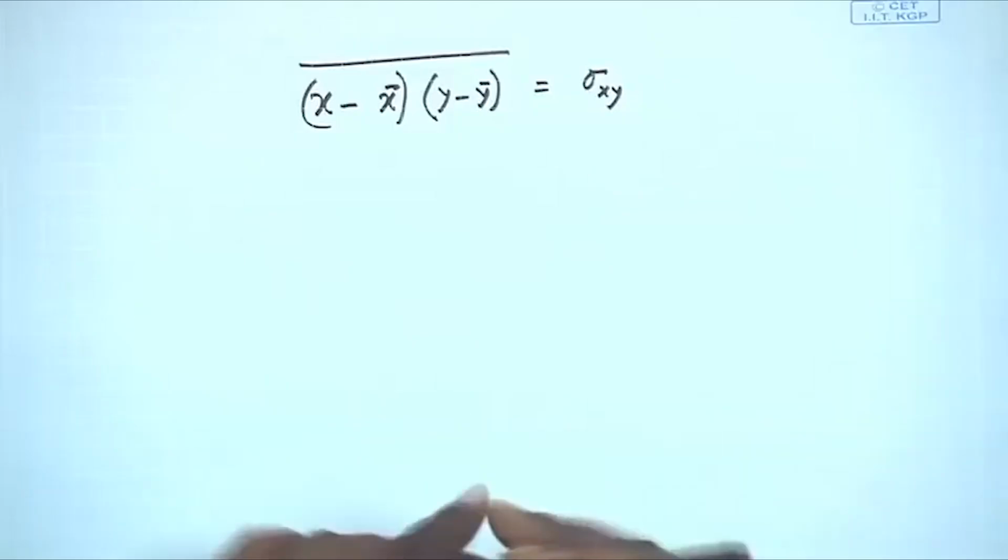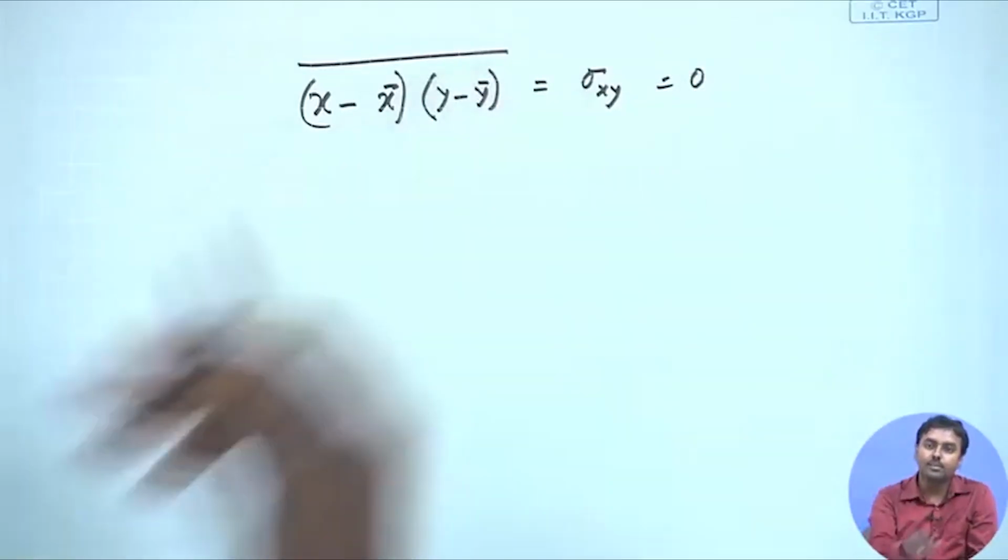Because actually independence means a little bit stronger condition. It is not just that x y bar will be x bar y bar, that is all right, but if that happens immediately sigma x y will be 0. Whereas for independence you need something more, that the joint PDF P x y of x y must be distributed, it should be P x of x into P y of y. This must be happening, which is a stronger condition. If that happens, we know that they become uncorrelated, but uncorrelation just means this must be equal to 0.